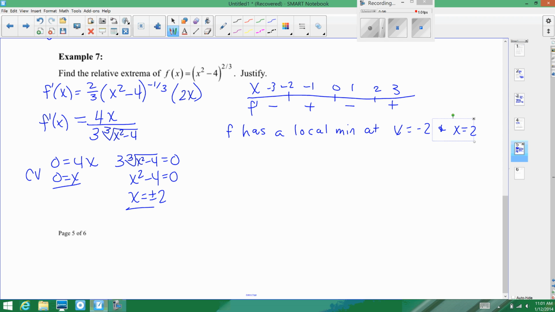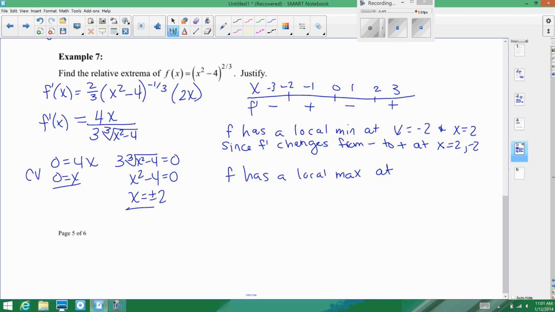All right, since f prime changes from negative to positive at x equals 2 and -2, and f has a local max at x equals 0, since f prime changes from positive to negative at x equals 0.